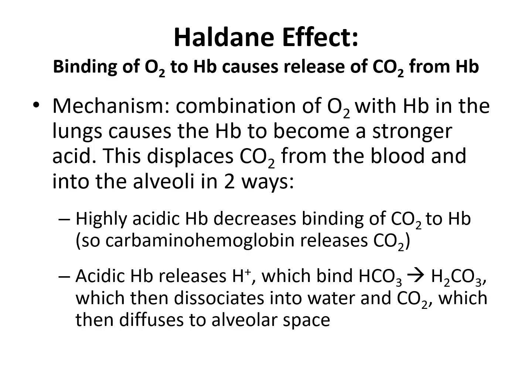It decreases the affinity to carbon dioxide. So carbaminohemoglobin will dissociate and will release the CO2. So this way you have transported carbon dioxide from the tissues to the lungs so that you can exhale it and get rid of it through both hemoglobin and its function as an acid-base buffer through the bicarbonate.